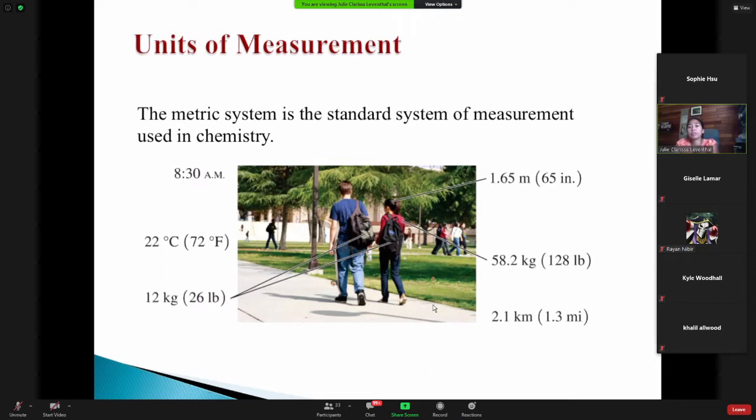So here, these are data, and this has units. AM, you know that means time. Or how many in Celsius or in Fahrenheit. In here, you have mass in kilograms, that's the metric system, or the British system in pounds.